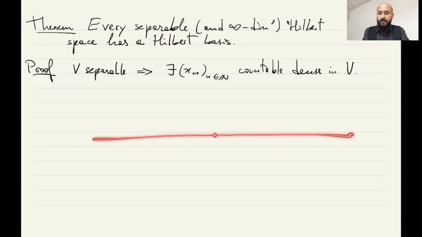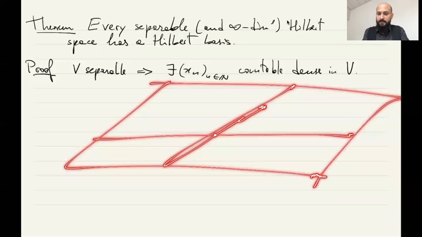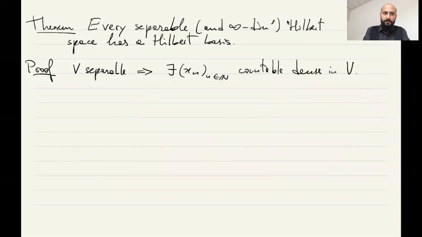This defines a line. Now take the second element. If the second element is on this line, throw it away, and continue until you get another vector that is not on the line. Now these two vectors define a plane. Take as third vector one that is not in this plane, in this span. Every time you add a vector, you are adding one more dimension, and we continue this.